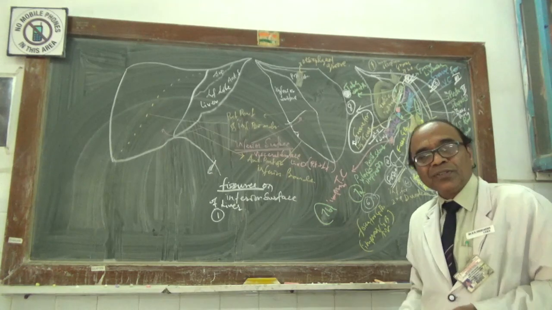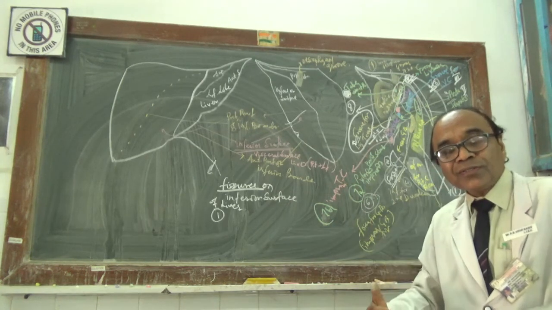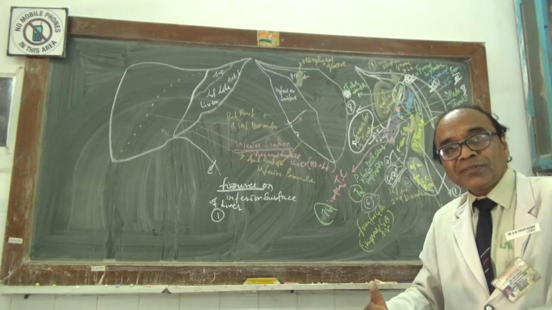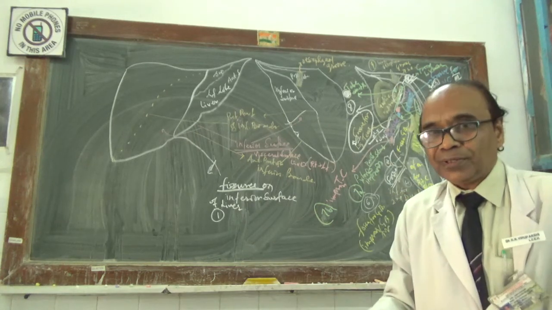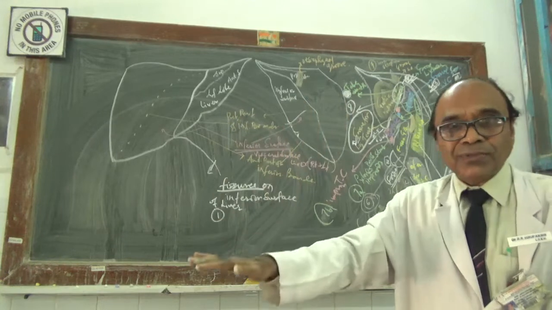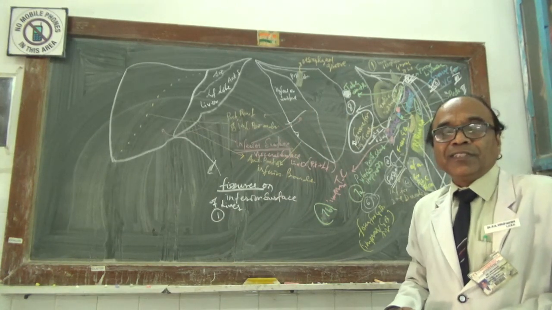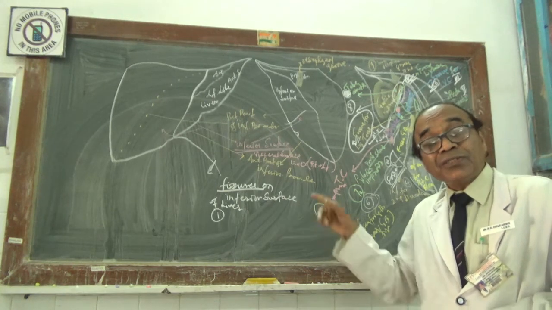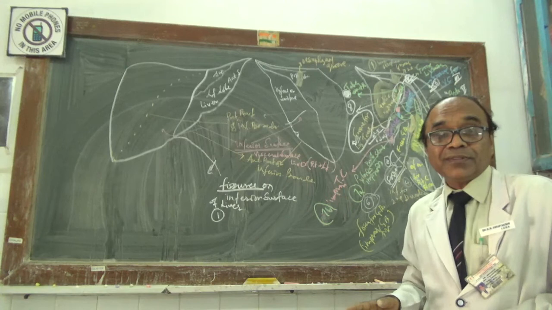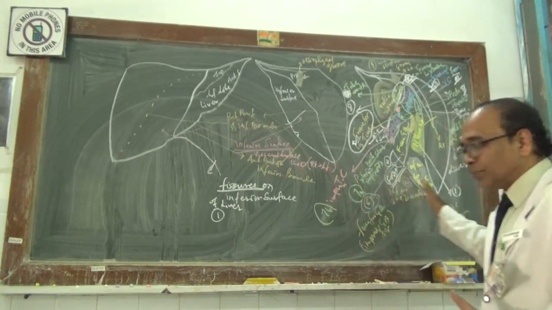The peritoneal relations are nothing but the ligaments of the liver, the peritoneal relations in connection with the liver. Understood? So with this, we have finished.